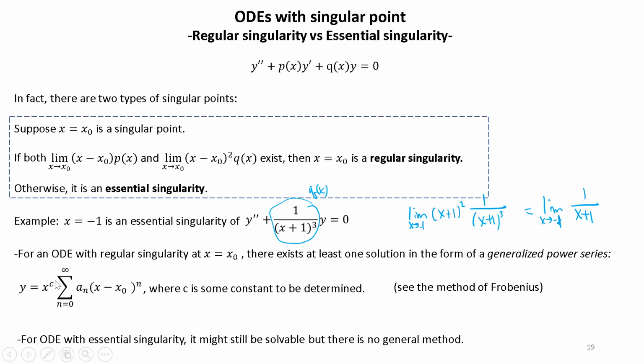If you look at it, you have this regular power series in the sum, but it has to be multiplied by an extra factor of x to the c. This c is something that is to be determined, and it can be non-integer. For more details, you can look up this method.